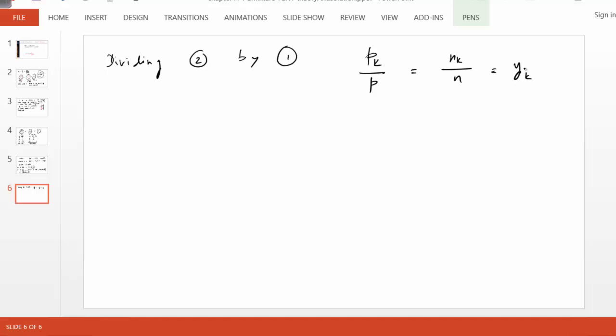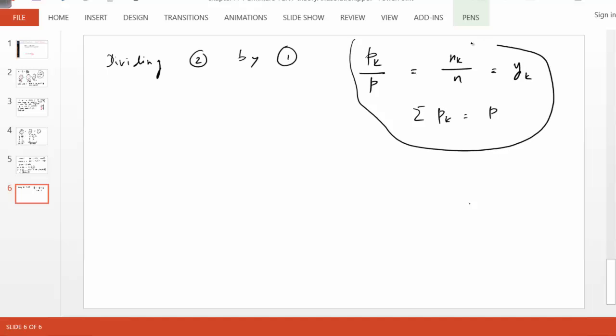We'll soon see the importance of partial pressure in air conditioning when we discuss air conditioning in a future module. But for the time being, notice this simple formula, summation of p_k equals P, is easy to remember, and it's easy to express properties of a mixture when we understand the partial pressure of individual species.